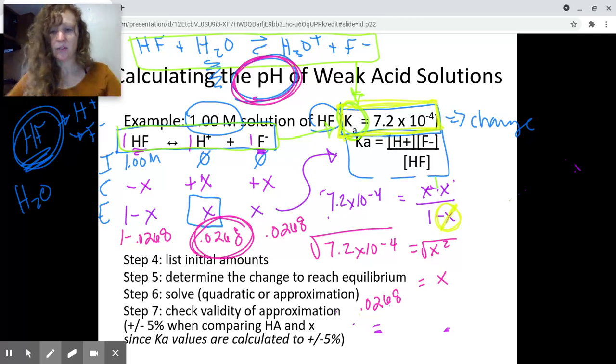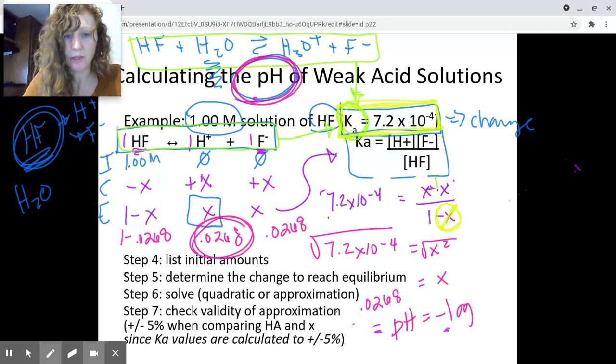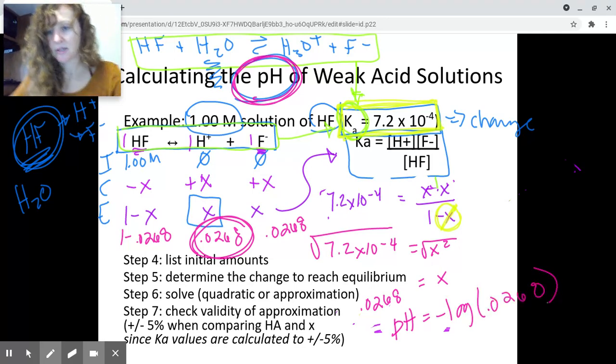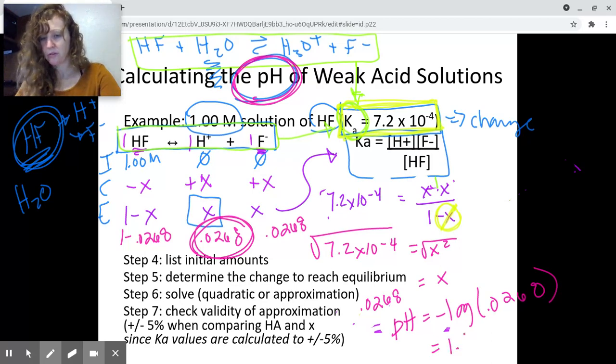So now I want to find pH. It's going to be negative log of my H plus concentration, which is 0.0268. So I get a pH of 1.57.